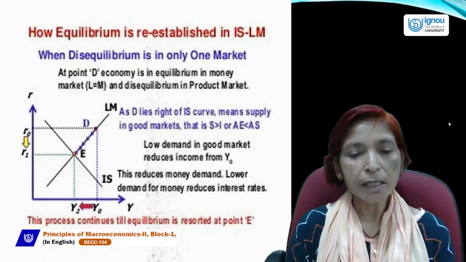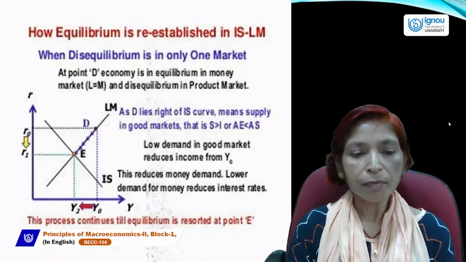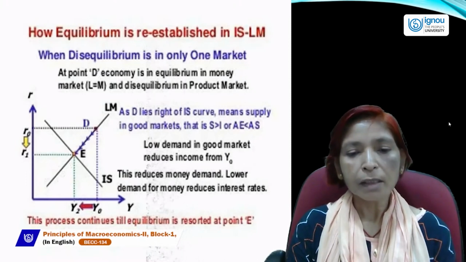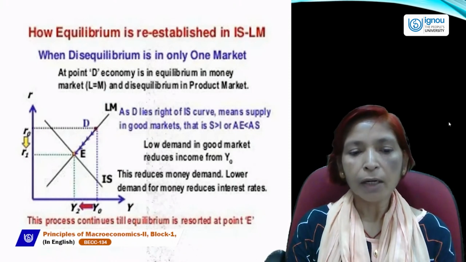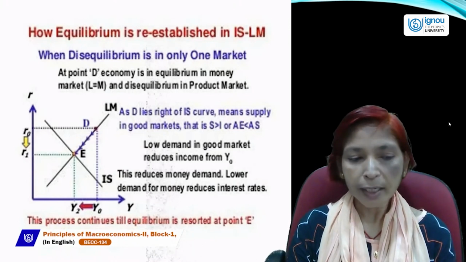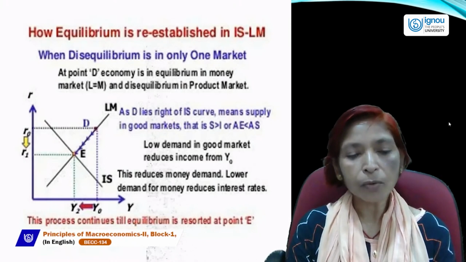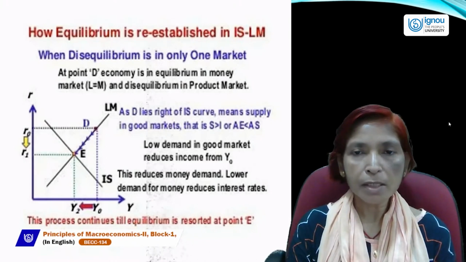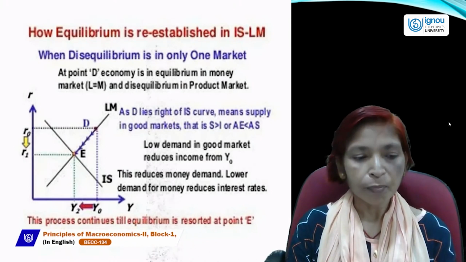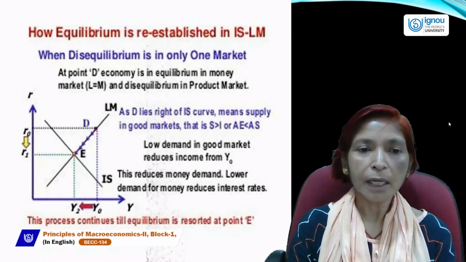And if demand decreases, then the income level will fall. If income falls, then it will reduce the money demand, and lower money demand will lower the interest rate. This process will continue till equilibrium is restored at point E, where both markets are in equilibrium.